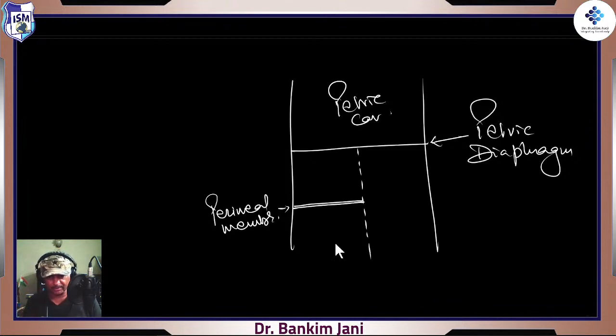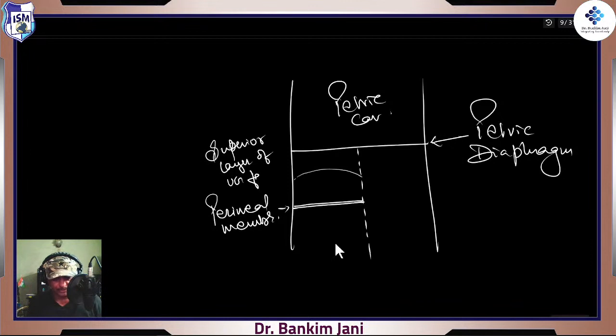Now what this will do, this is like there is a deep fascia, and there is a thin fascia over there. So this is like the superior layer of this urogenital fascia.